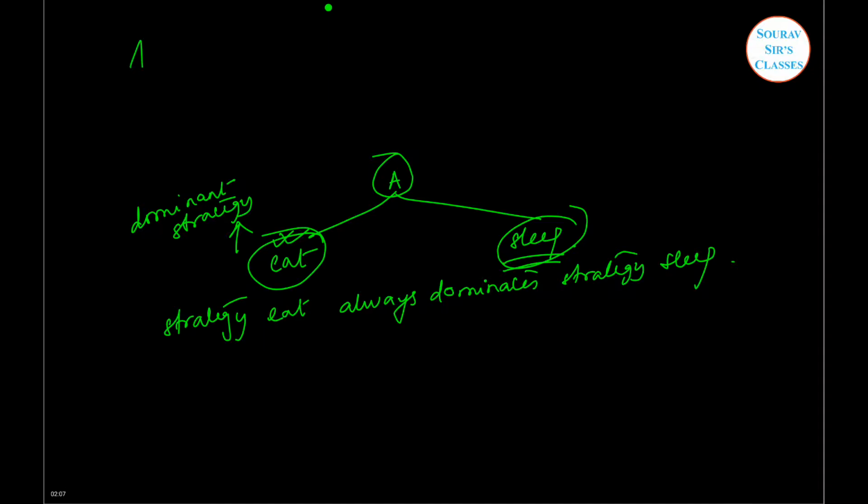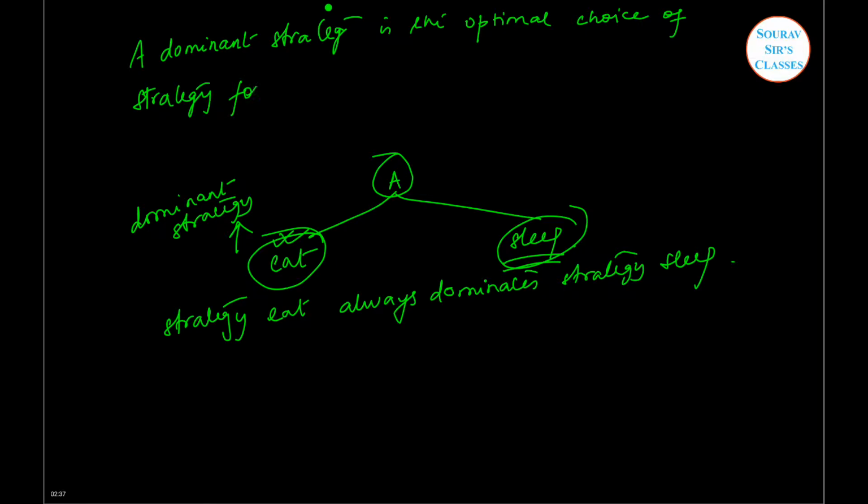A dominant strategy is the optimal choice of strategy for each player, irrespective of what the other player does.